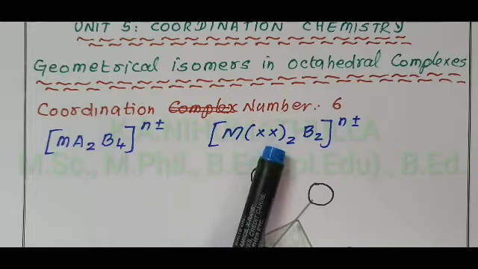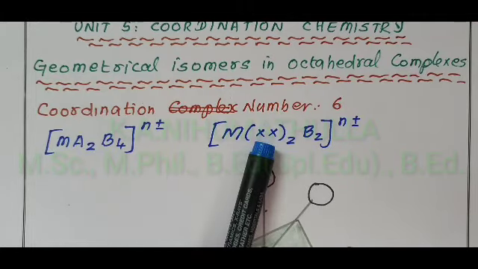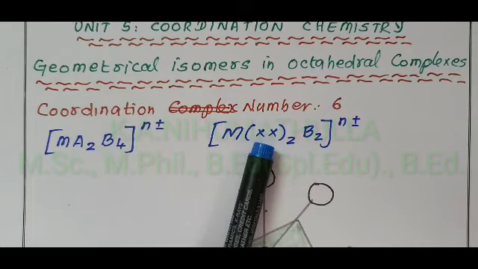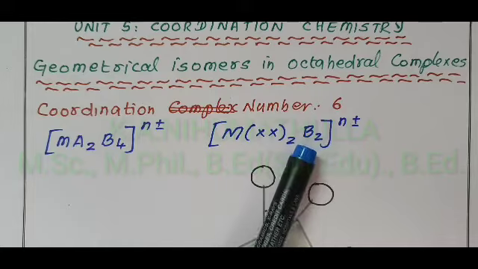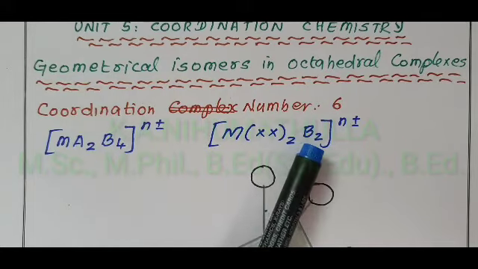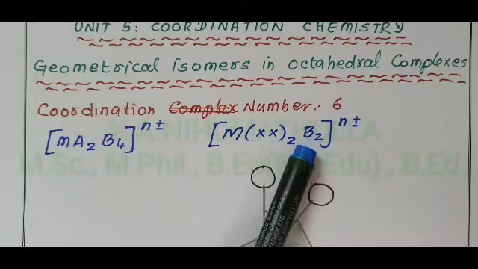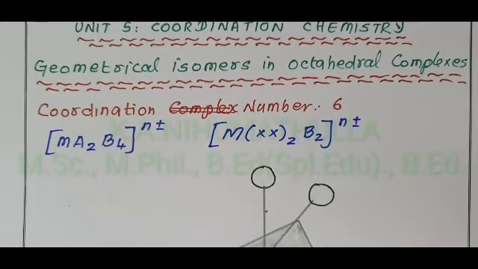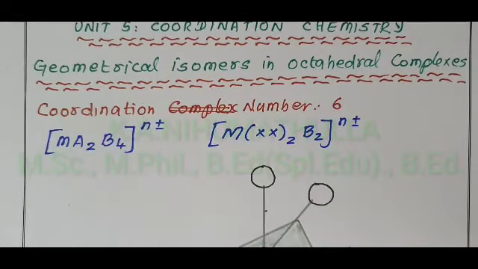X2 means a bidentate ligand with two same kind of donor atoms, and B2 are monodentate ligands. From the position of the monodentate ligands, we can assign cis and trans isomers in which complex? Octahedral complexes.